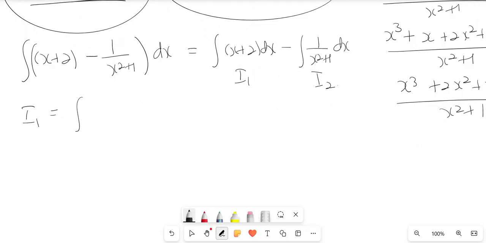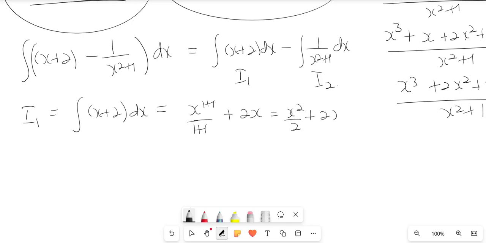For I1, the integral of x plus 2, this is very easy using the power rule. Add 1 to the power and divide by the new power, plus the same thing here, which is just 2x. So this should give you x squared over 2 plus 2x.